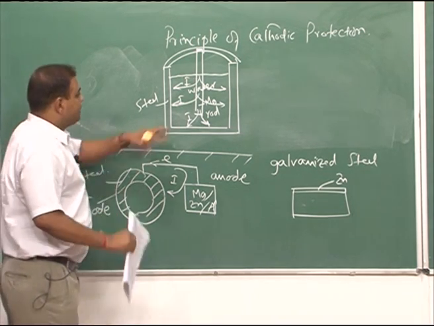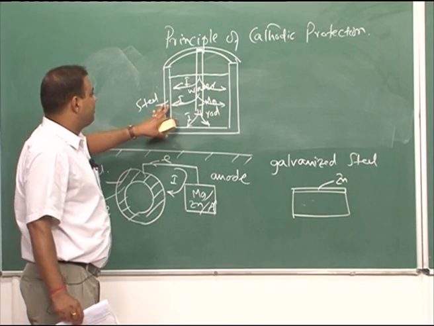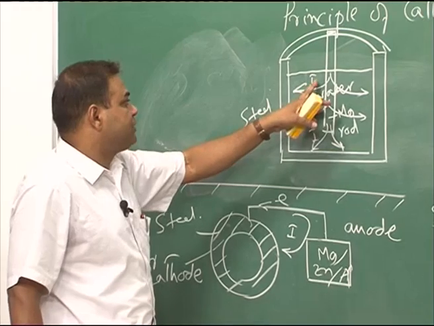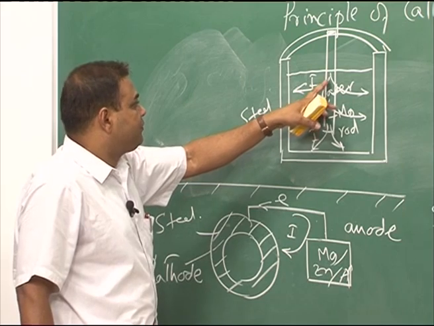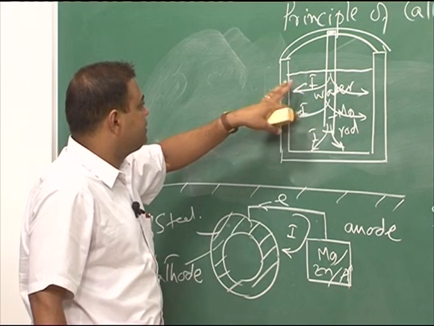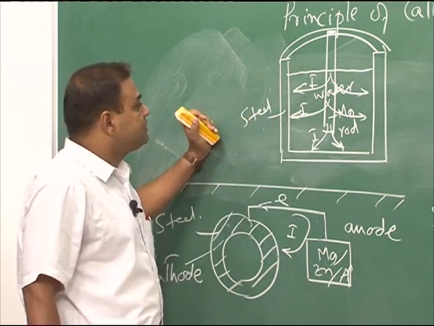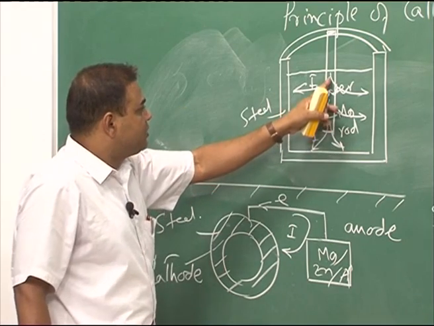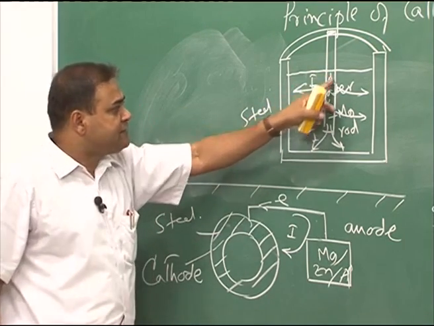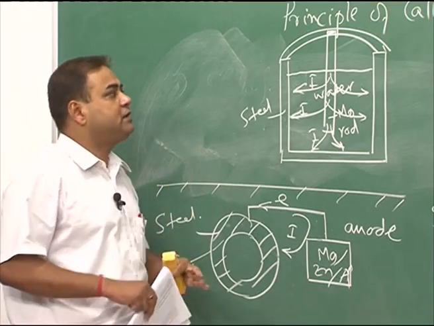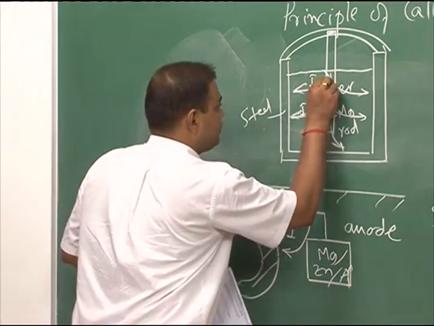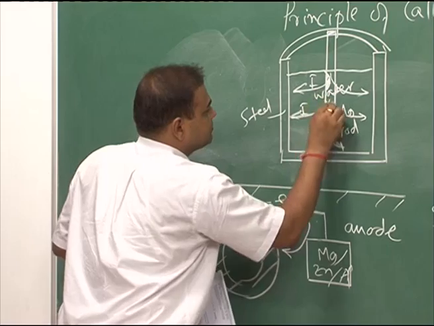The steel tank is protected because the current is entering from the anode through the electrolyte to the steel object, but at the same time, wherever the current is leaving the magnesium rod, that part will be corroded. So here the current is leaving, so this part is corroded.